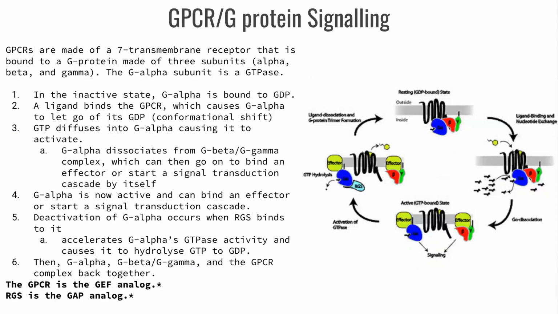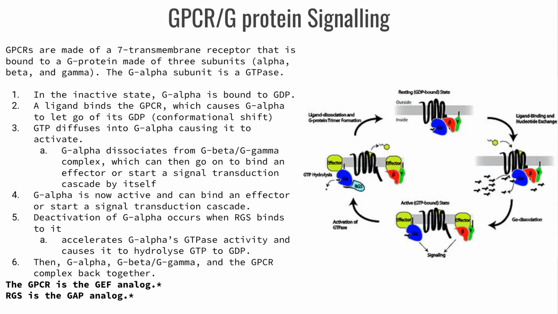Okay. Now on to the G protein coupled receptor and G protein signaling. The GPCRs are made up of a seven transmembrane receptor. It has an extracellular portion where the signal binds, then multiple folds in the cell membrane, and then the intracellular portion where the G proteins are.